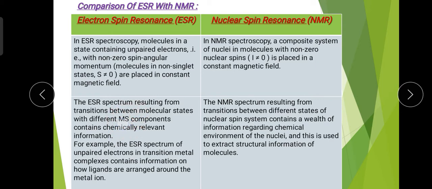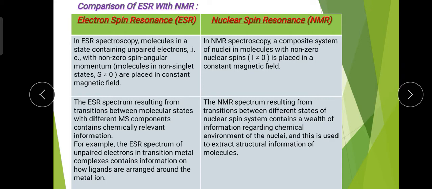MS is either plus half or minus half, and according to that we get the transition between these two molecular or energy states. This contains the chemically relevant information, and due to that we are able to study the chemical information about that species.